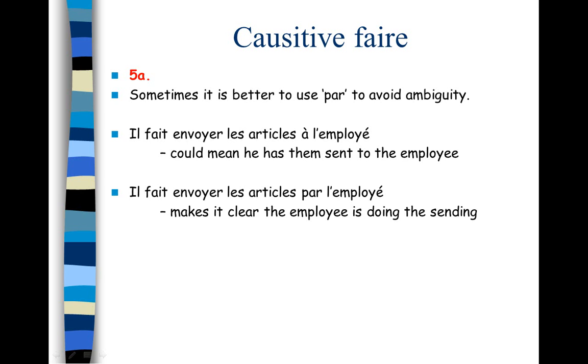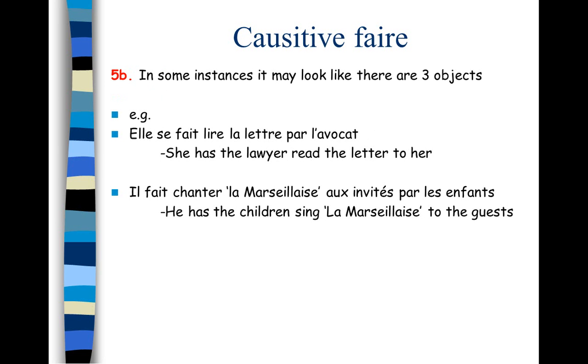So this is probably as tricky as causative faire gets when you have more than one object. But just remember, as long as you're clear on what's being done to whom by whom. In some instances, okay, maybe I lied, it may look like there are three objects. Let's have a look at this example. Elle se fait lire la lettre par l'avocat.